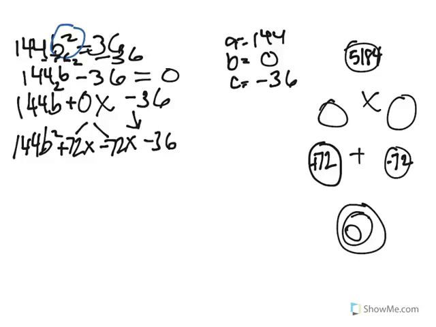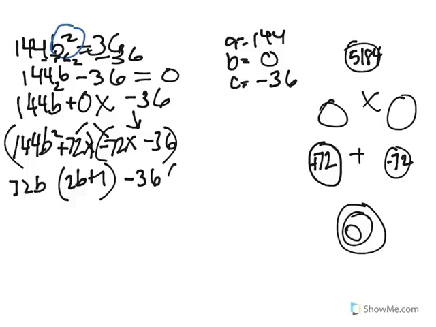Okay, so now we group, and we get our two factors that we need to find the GCF of, okay? So we can factor out a 72b and we'll get 2b plus 1. And then on this side, we can factor out a negative 36, and we'll get 2b plus 1. Both of these match, we're in good shape.